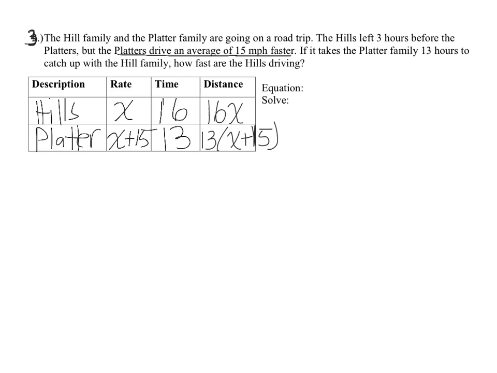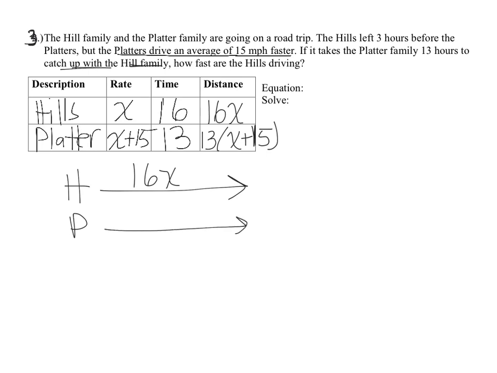Okay? So now it says that they're on a road trip, and it sounds to me like they're going in the same direction because the Platter family is going to catch up with the Hill family. So same scenario we had before. We've got the Hill family. They left. Their distance is being measured by 16x. Then we've got the Platter family. They left.